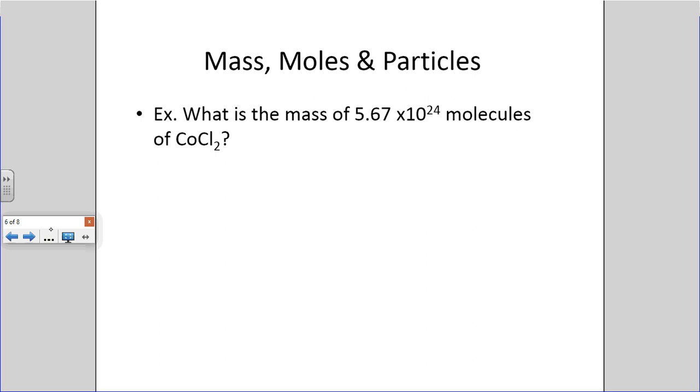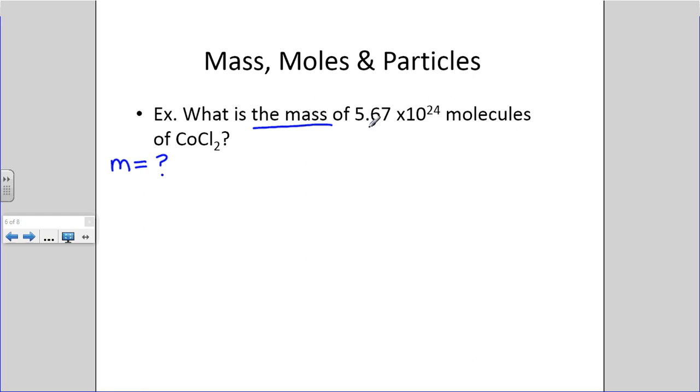So this problem says, what is the mass of 5.67 times 10 to the 24 molecules of cobalt(II) chloride? So, what are we trying to solve for? We're trying to find mass. So this here is going to be our unknown.